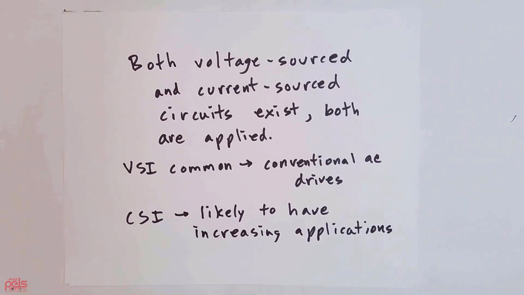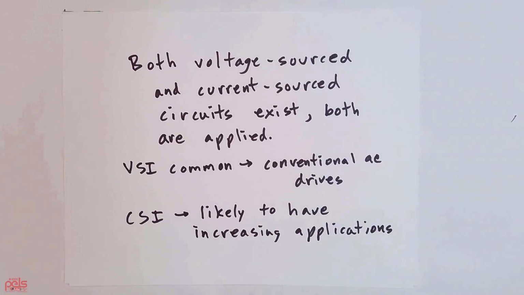Yes, you're much more likely to see a voltage source inverter in a conventional AC drive situation. But we're seeing current source inverters much more now in low inductance drive applications and in some of the grid connected inverters.